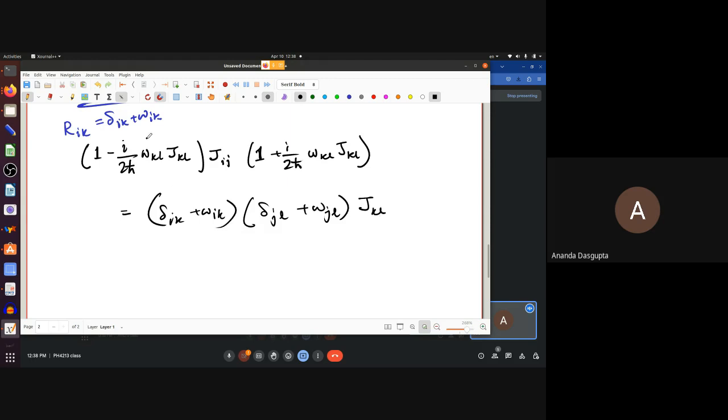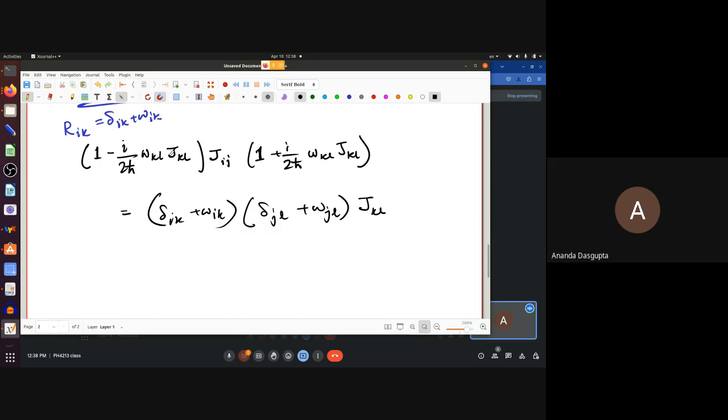Terms like this times this times this, I will not bother about. Why? They are of order omega squared, so you can't take them into account because you have already dropped order omega squared terms here. But the first order term, of course, you can handle.